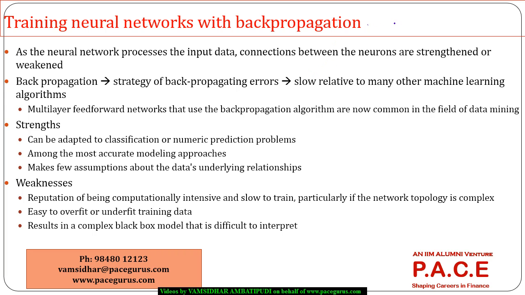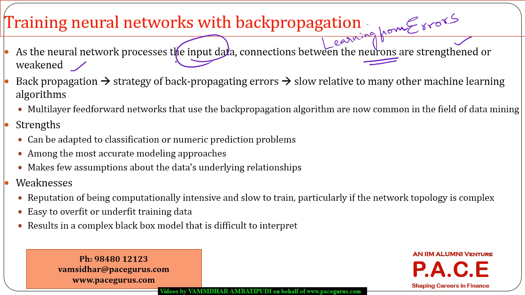Especially when we are using the word back propagation, it is learning from the errors, learning from the mistakes. So that is what we are calling back propagation. As the neural network processes the input data, the connections between the neurons are either strengthened or weakened.